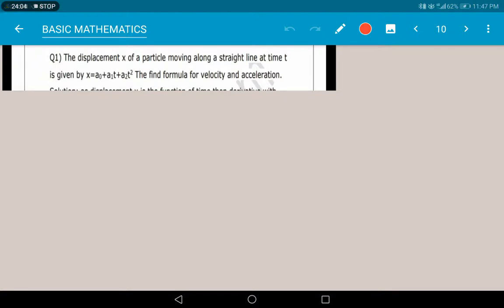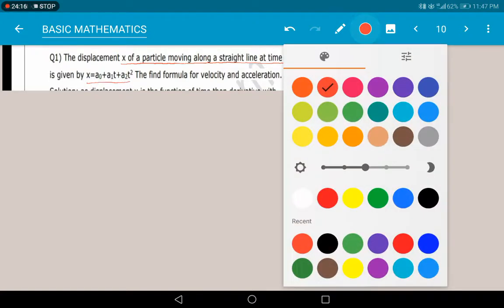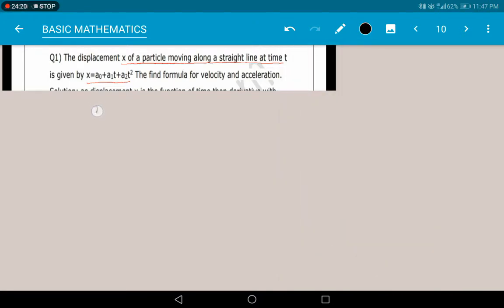Next, let us see. So problems are given. The displacement x of a particle moving along a straight line at time t is given by x equals a naught plus a1 into t plus a2 t square. Find the formula for velocity and acceleration.